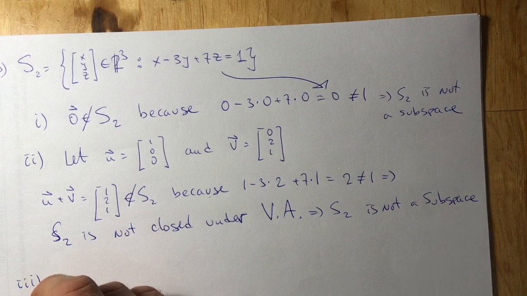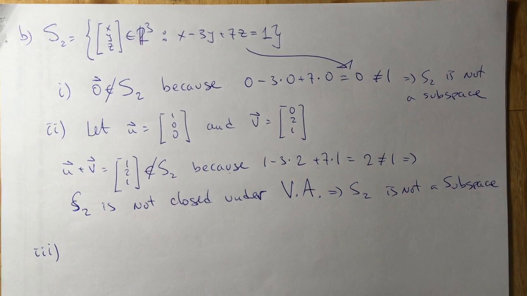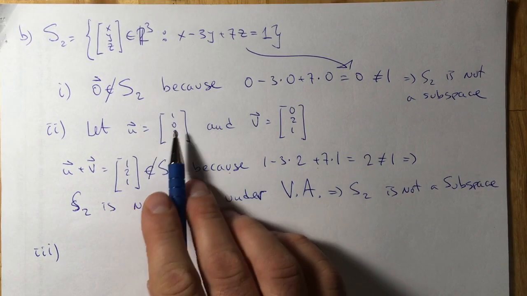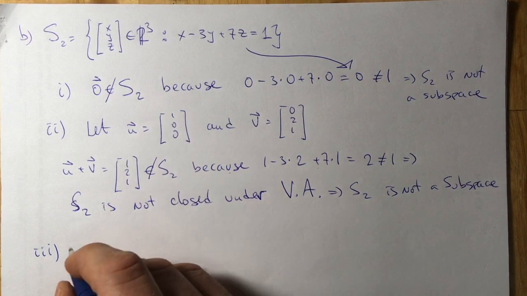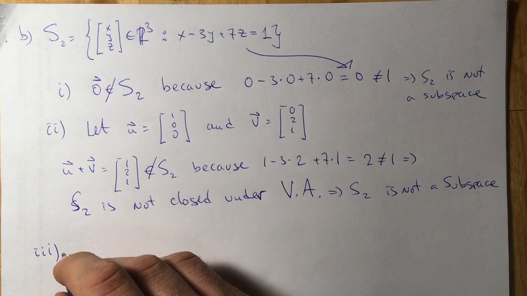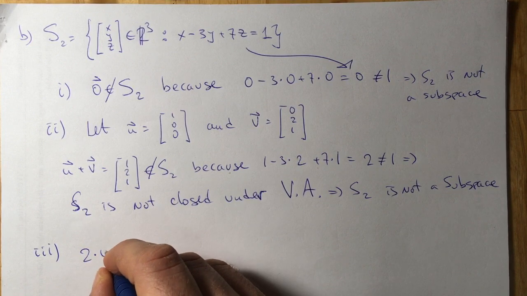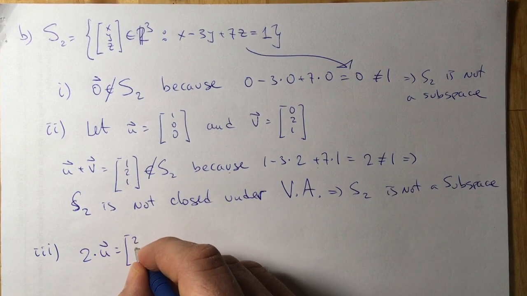And third, in order to show that this is not closed under scalar multiplication, again take, let's say, this vector right here and multiply it by, I don't know, 2. 2 times u is equal to (2, 0, 0).